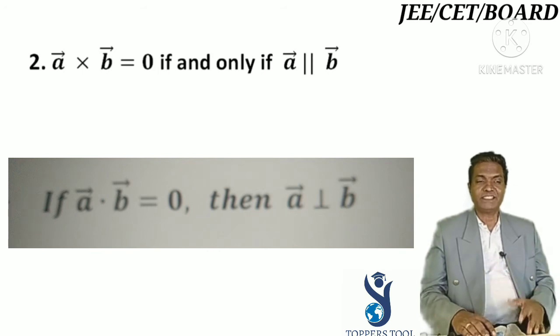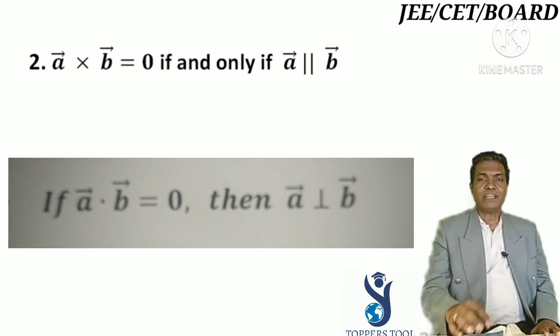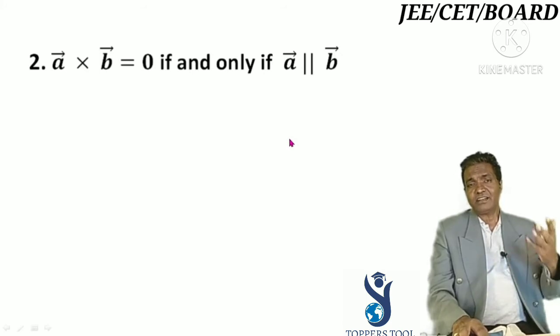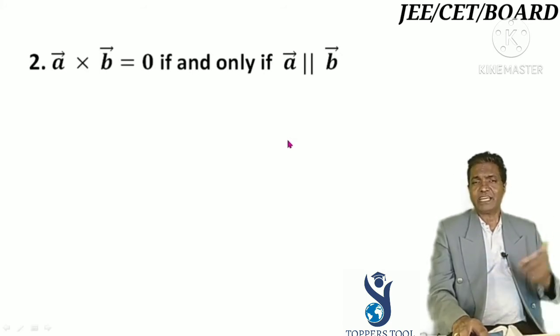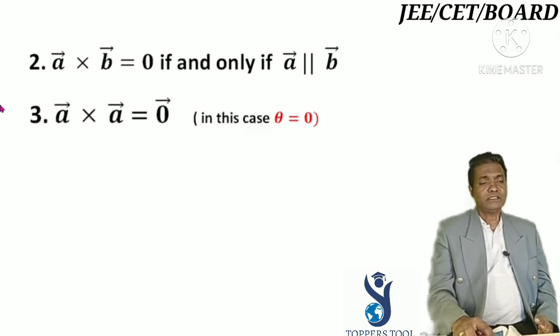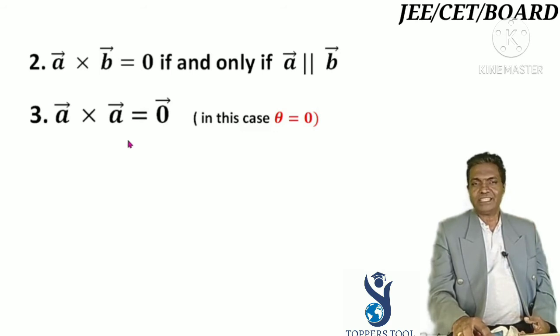So likewise, if the cross product of two vectors is 0, you can immediately conclude that they are parallel to each other, or in other words, they are collinear, meaning they are parallel to some other line. Further, for the cross product of two similar vectors, A cross A, the angle between A and A is itself 0.